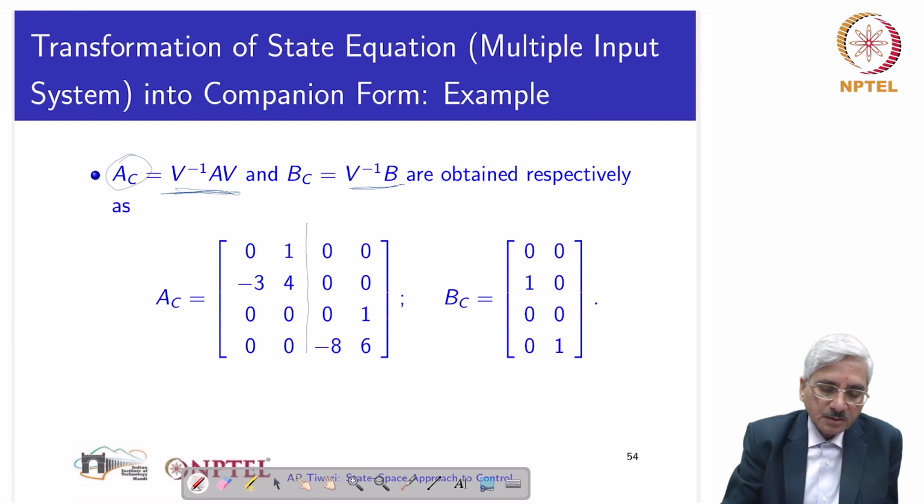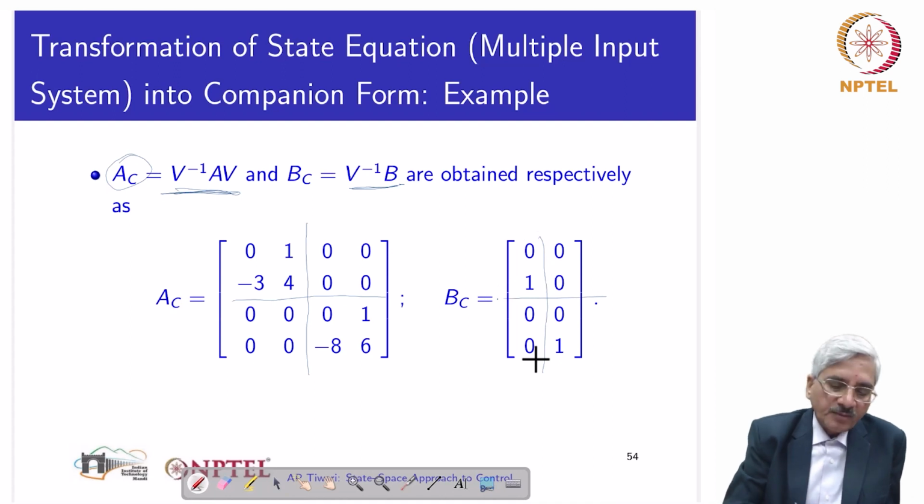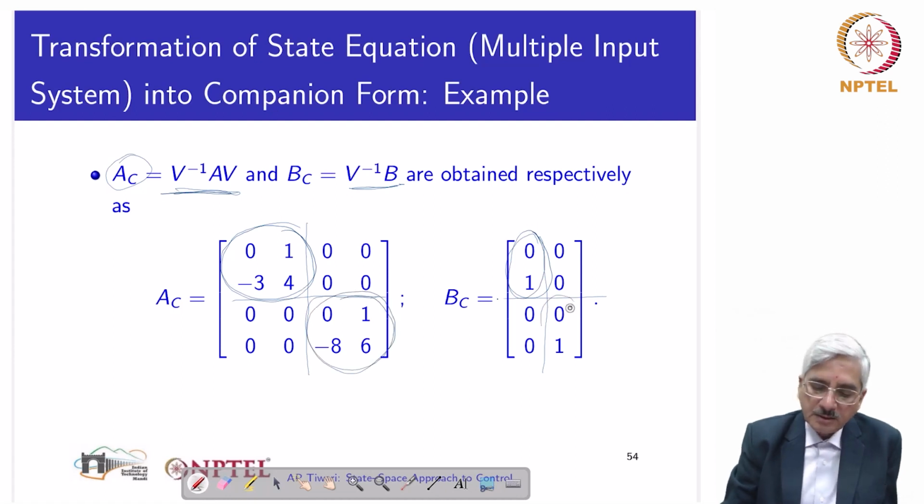Now we note a very interesting structure, because the two columns came from the first input and two columns came from the second input. We get an interesting appearance. This is a companion form matrix, and this column is the corresponding input matrix. This is also a companion form matrix, and this is the corresponding column.